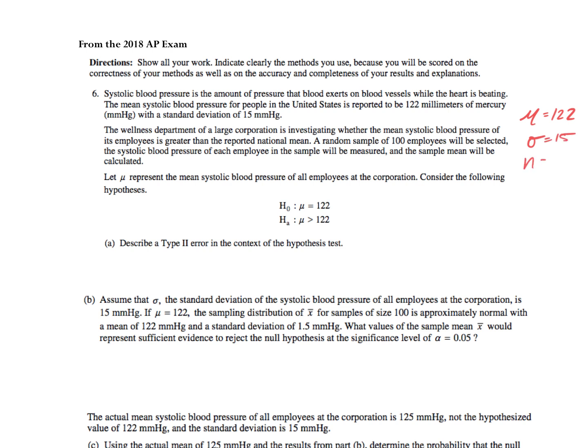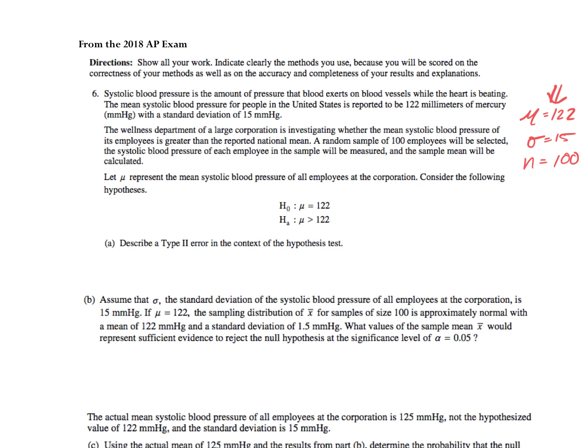And we are taking a sample of 100 from this company. The company wants to know how they compare to the U.S. So we don't know the true mean blood pressure of the company. We only know that of the United States.